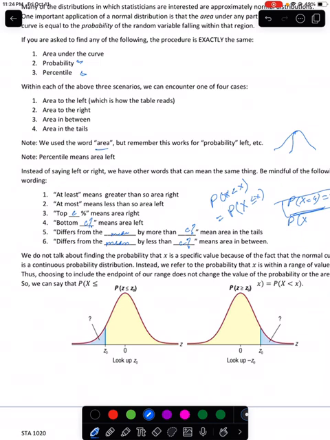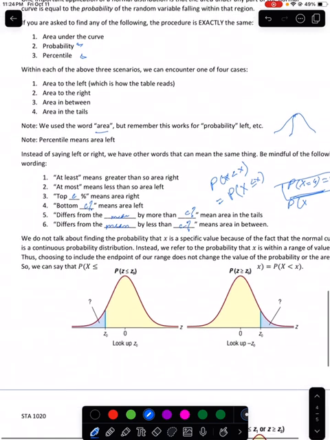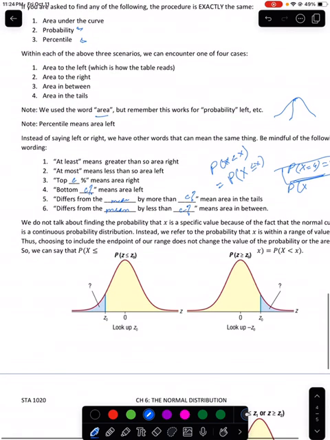So we can say that the probability X less than or equal to x is equal to, sorry, it got split up. What it is saying is that what I just wrote up there, that the probability that X is less than or equal to little x is the same as the probability X is less than little x. That's what it is saying here.